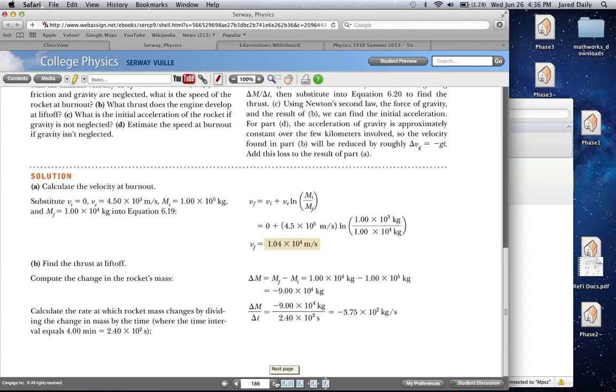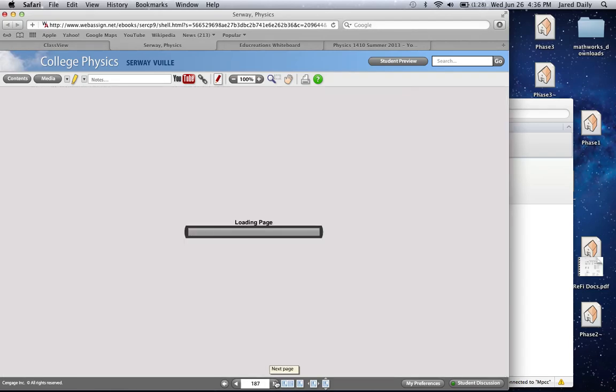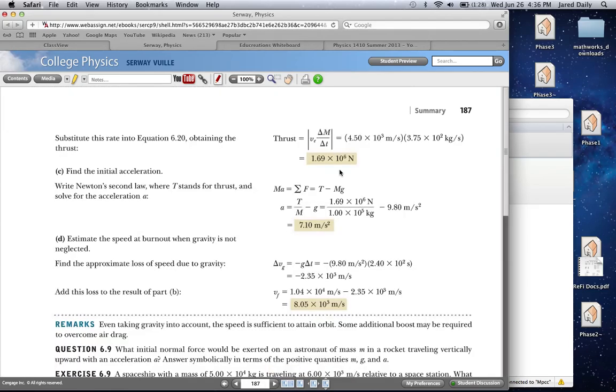And that tells us how fast the mass is changing. So that's delta M over delta T. And then the thrust is equal to the velocity of the exhaust times delta M over delta T, all inside of an absolute value symbol. Doesn't matter in this case, but anyway, we put all that stuff in, and we get 1.69 times 10 to the 6 newtons.